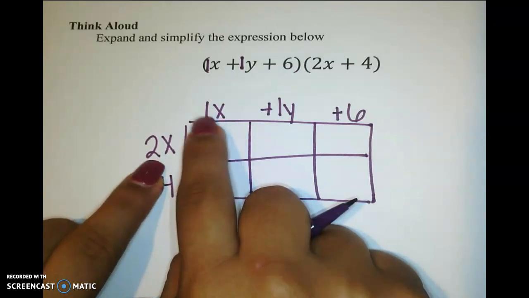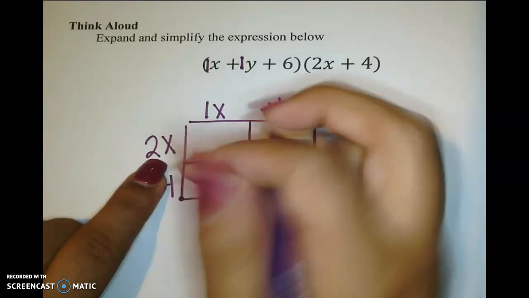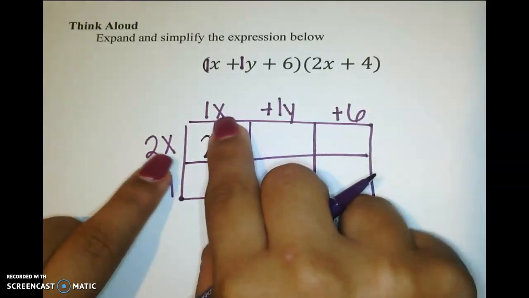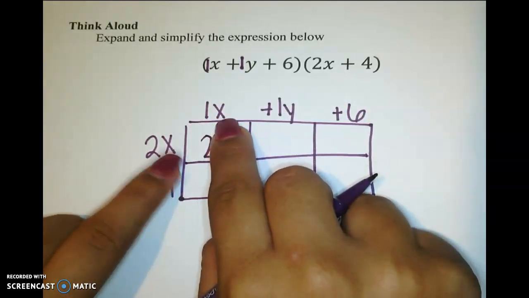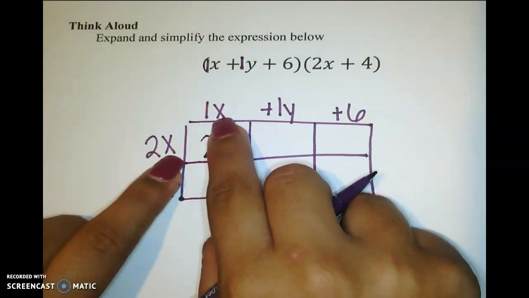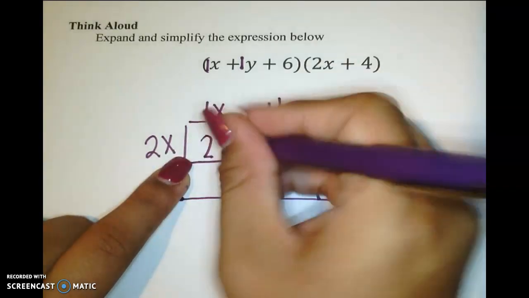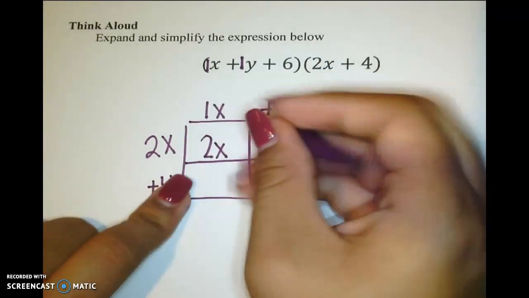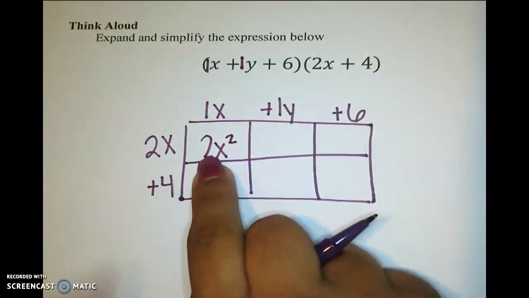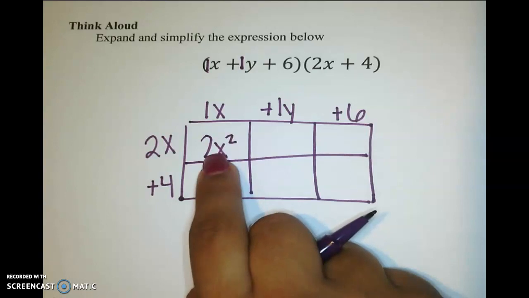So I have 2 times 1. 2 times 1 is 2. Then I have the base of x. So x times x. That is where our product rule comes in handy. So I know my base is x. How many x's do I see? 2, so that's the exponent. So 2x squared. That is how I found the area for this square right here.